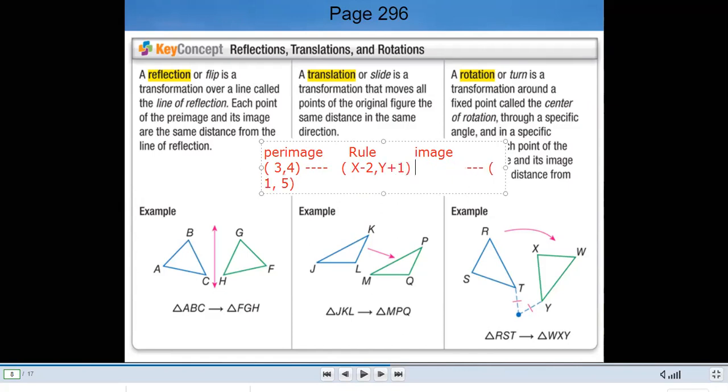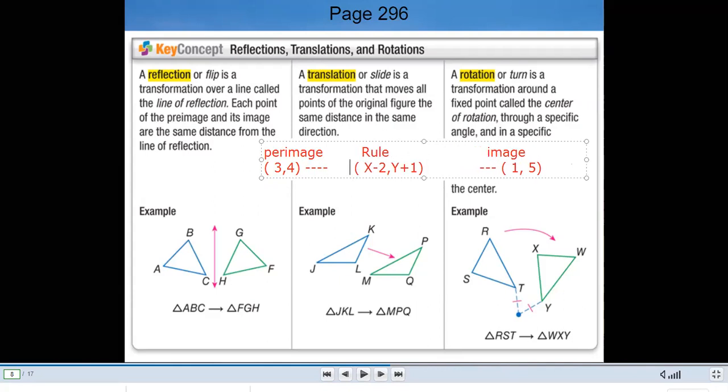What do you have at the beginning? You have a pre-image and the image, and we are looking for the rule. How did you find the rule, grade 8? Subtract them both. Very good.